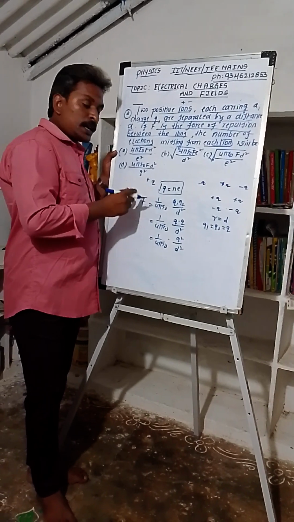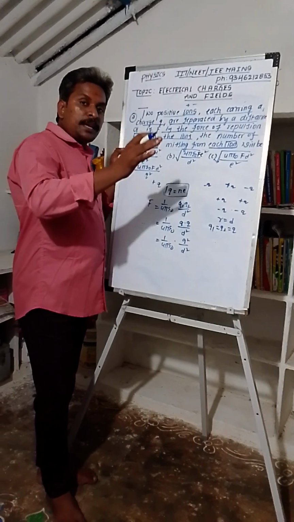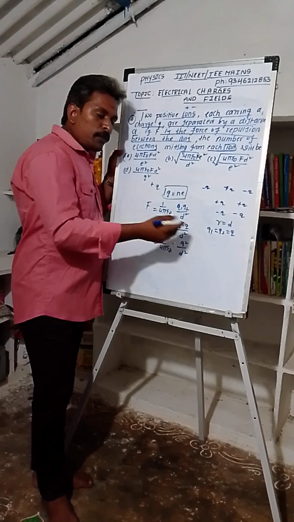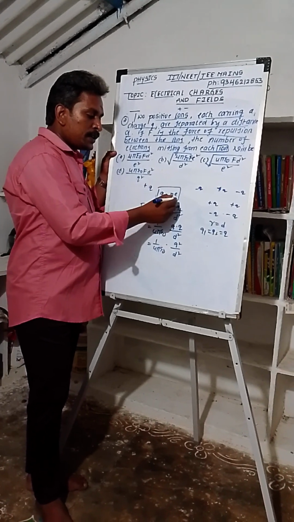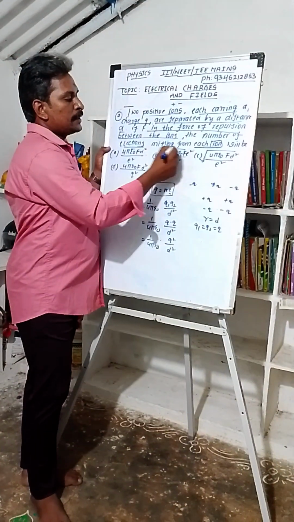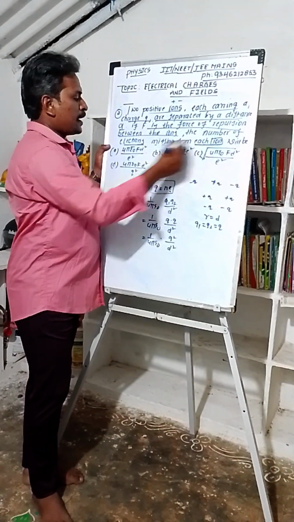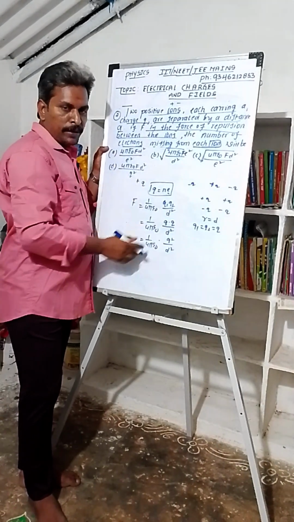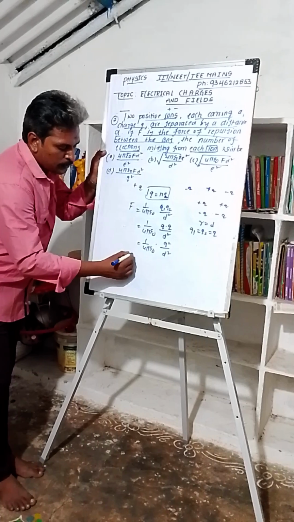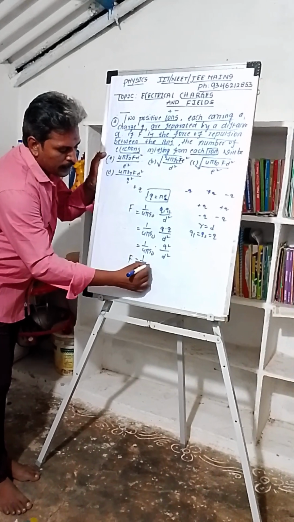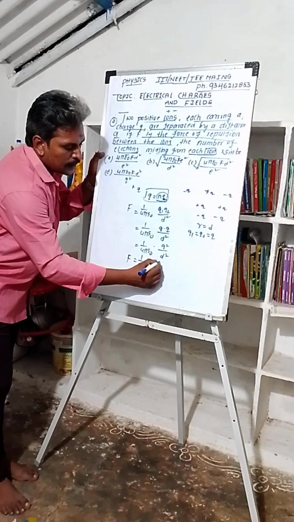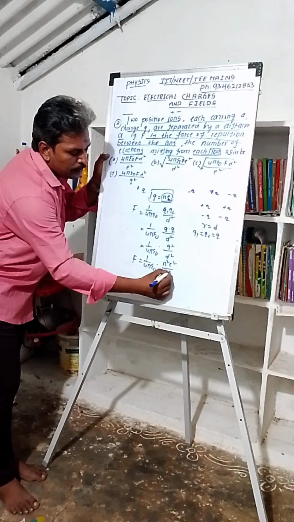If there are a number of charges inside the conductor, how do we find Q equal to Ne? We want the number of electrons, so N is equal to Q by e. So the number of electrons missing from each ion: F is equal to 1 by 4 pi epsilon naught Q square, which is Ne, so N square e square by d square.